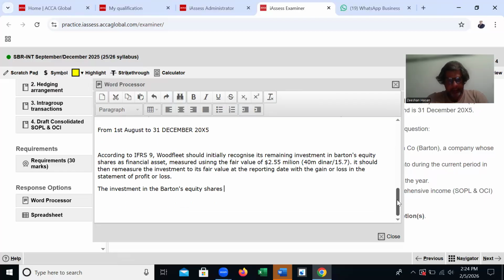So what I was saying, the investment in the Batten's equity shares represents a non-monetary financial asset which is measured using a fair value model.